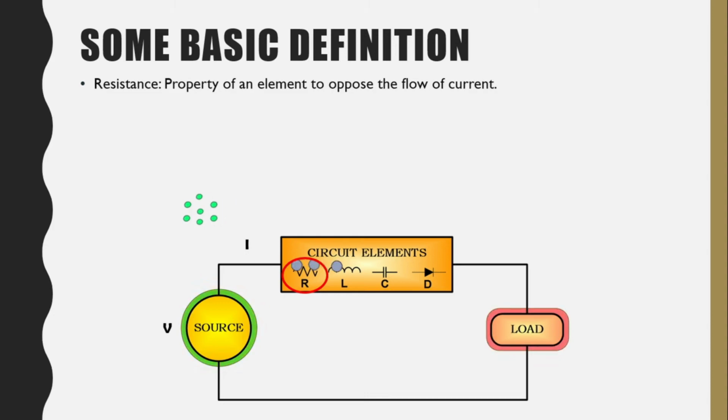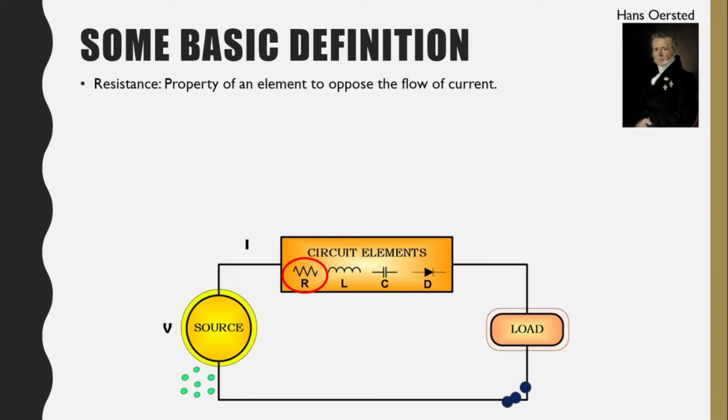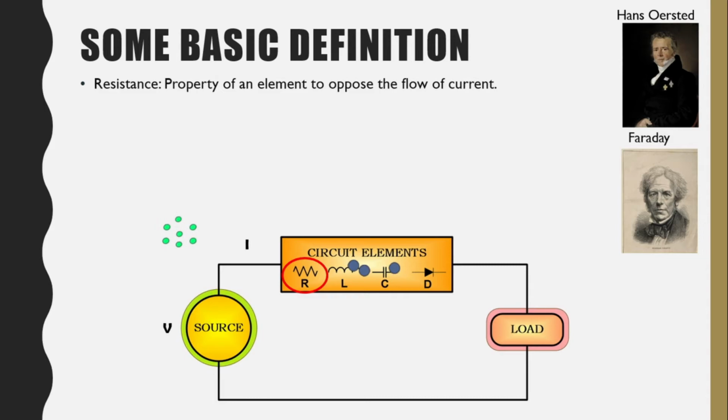Now after resistance, the next element is inductance. In 1820, Oersted made an important discovery demonstrating that force between two charged substances depends on the time rate of flow of charge, indicating the effect of magnetism. So there was an element that showed the magnetism property.